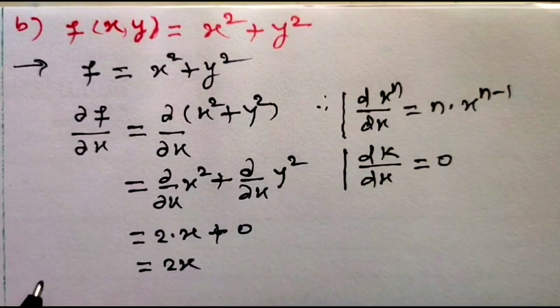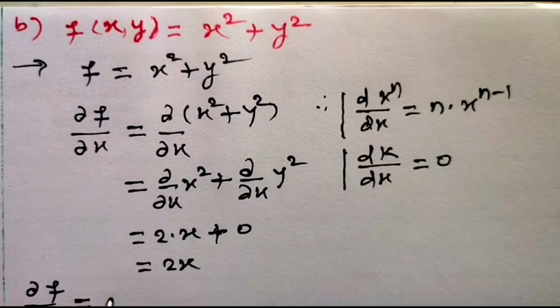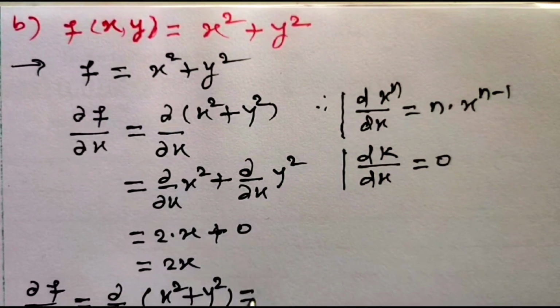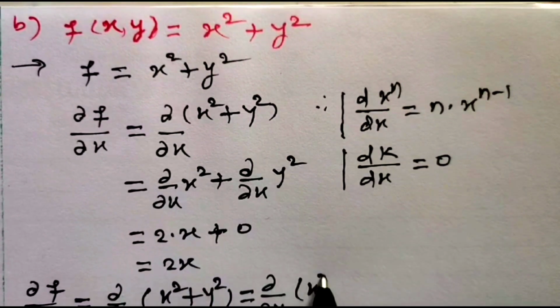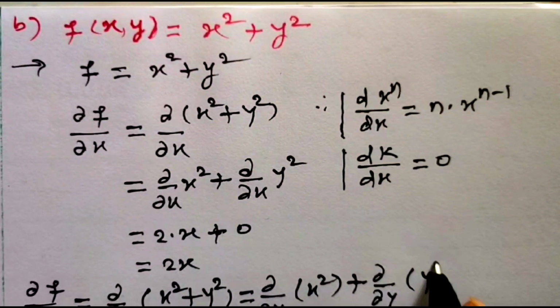Now let us find partial derivative of f with respect to y, considering x as constant. So partial derivative with respect to y of x square plus y square is equal to partial derivative with respect to y of x square plus partial derivative with respect to y of y square.